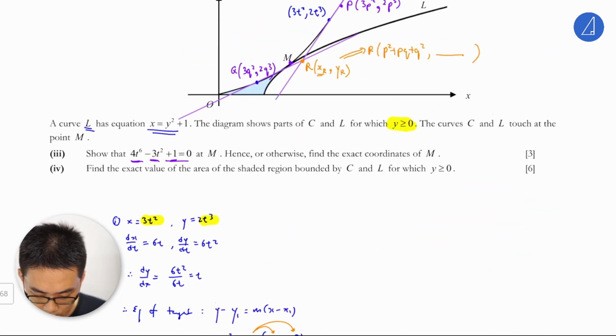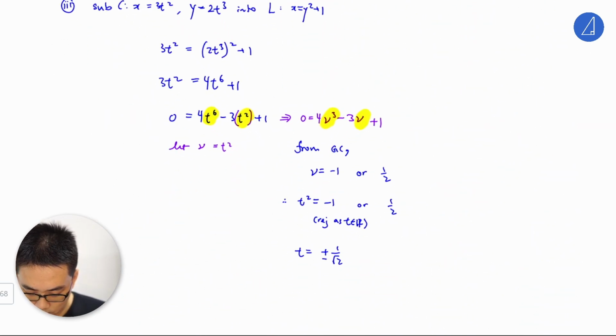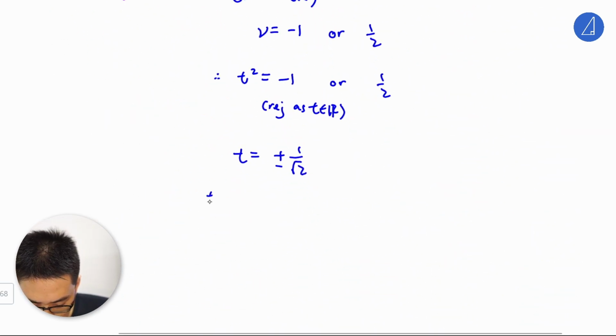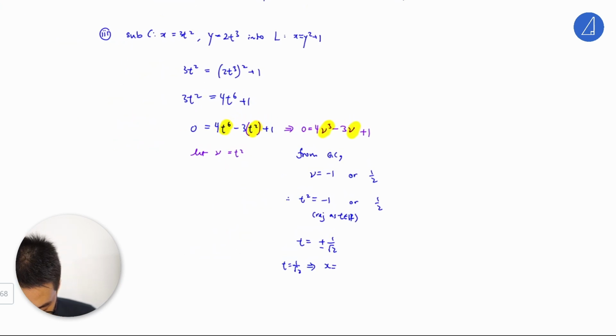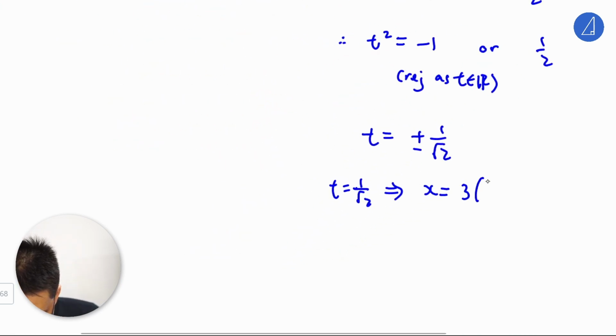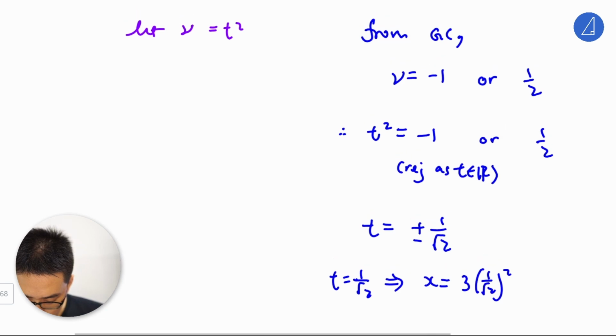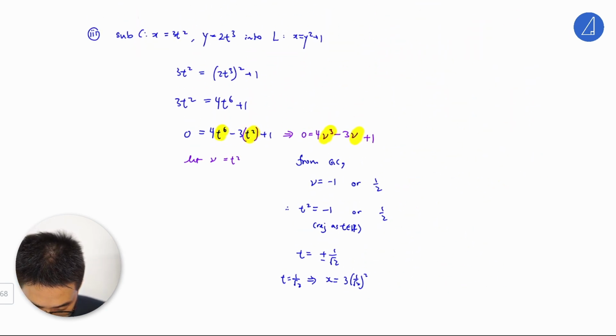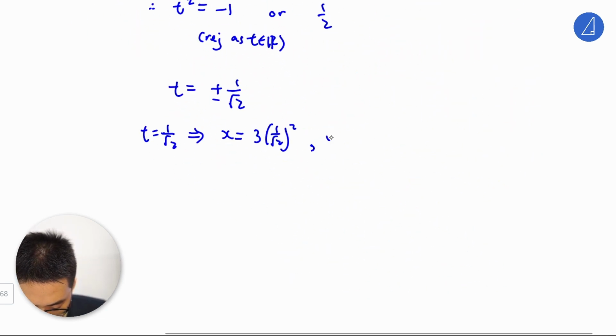Okay, so then you just substitute it in. x equals 3 times t squared. This is how I visualize it.